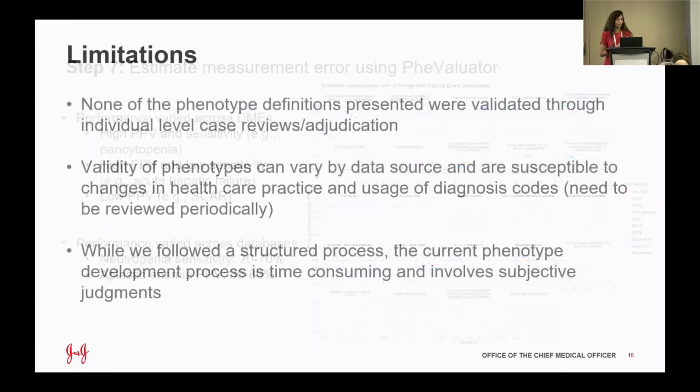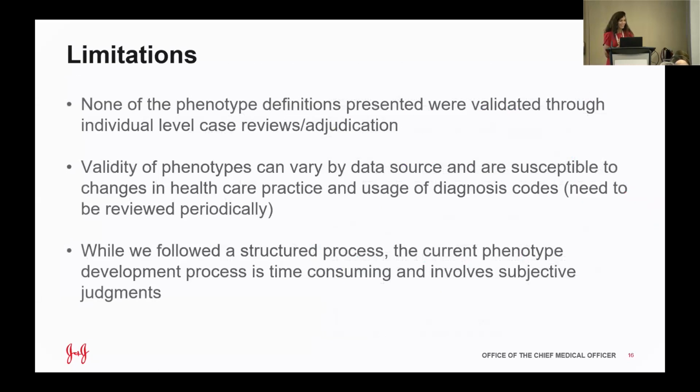So I'll finish with our limitations. Obviously, the biggest limitation here, we did not do traditional case level adjudication to get the true PPV or sensitivity, but we did what we can. And we noticed that variation by data source, and we know that this is always going to be different also by time, depending on the differences in healthcare practices and uses of codes.